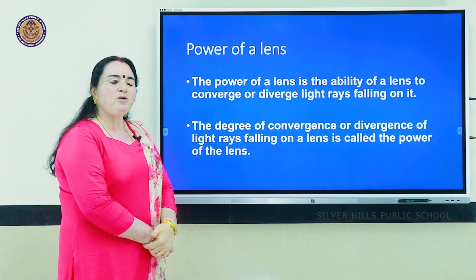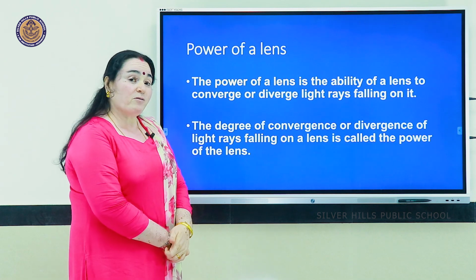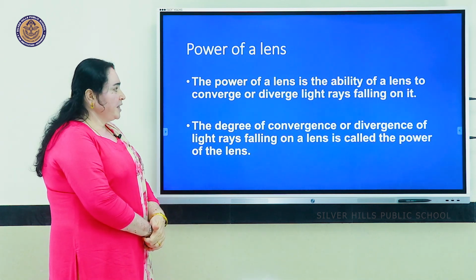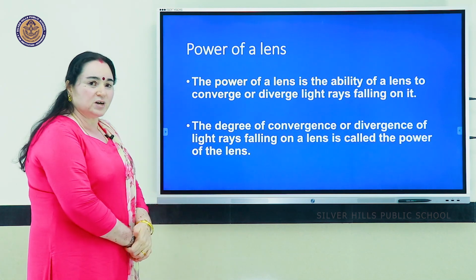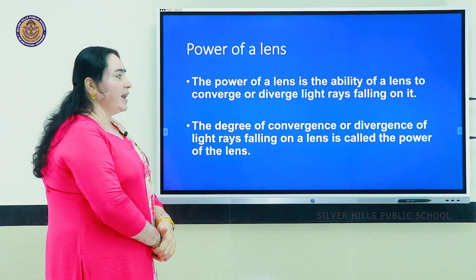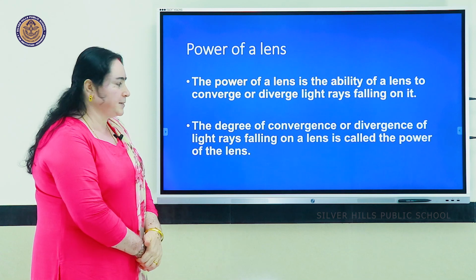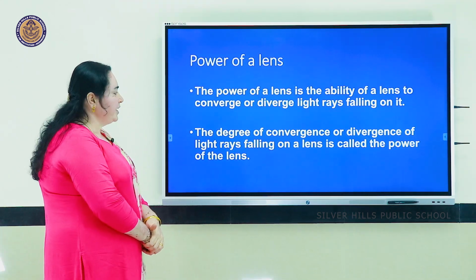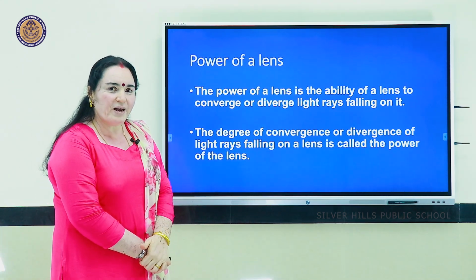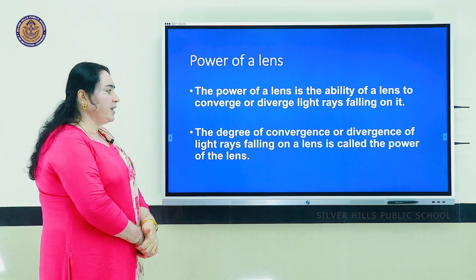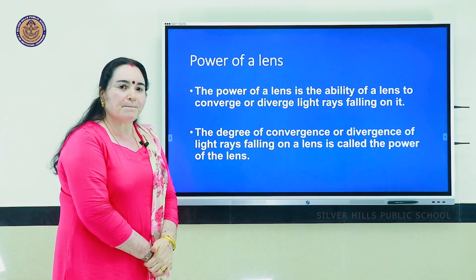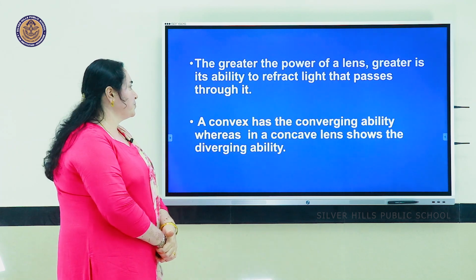Next, the power of a lens. What does the power of a lens actually mean? The power of a lens is the ability of a lens to converge or diverge light rays falling on it. In other words, the degree of convergence or divergence of light rays falling on a lens is called the power of the lens.